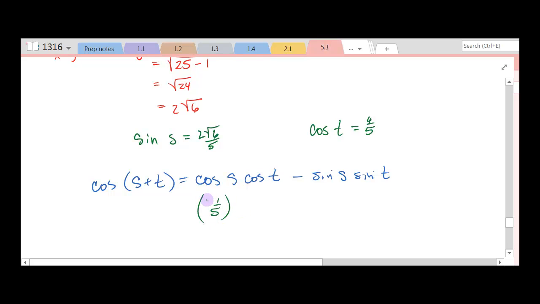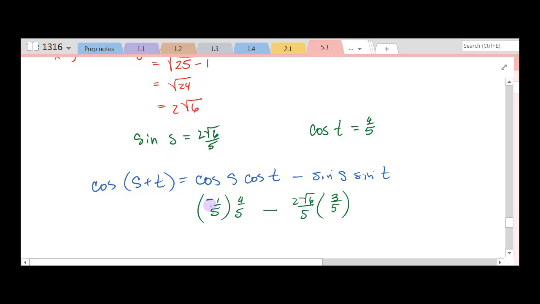The cosine of t is 4/5 minus the sine of s, which is 2 square roots of 6 over 5, and the sine of t, which we were given in the problem above, is 3/5.